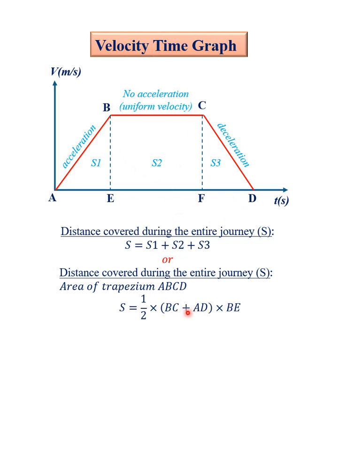So the sum of the parallel sides, half of it, times the perpendicular height, BE. It could be BE, it could be CF, because they are the same value. So you can say BE is the perpendicular height or CF is the perpendicular height. So these are the formulas and how you can use a velocity-time graph to solve problems under uniformly accelerated motion.